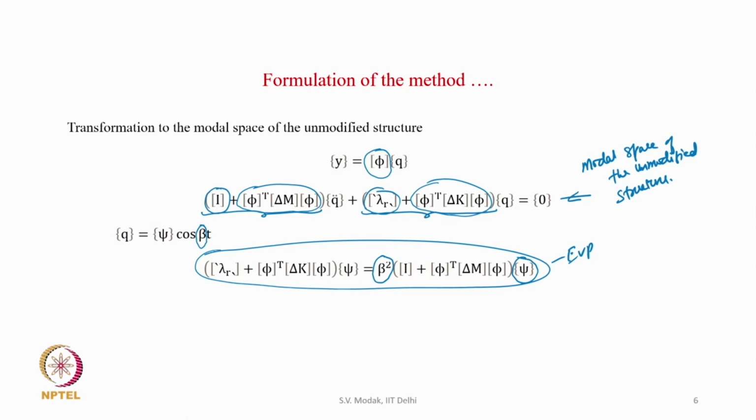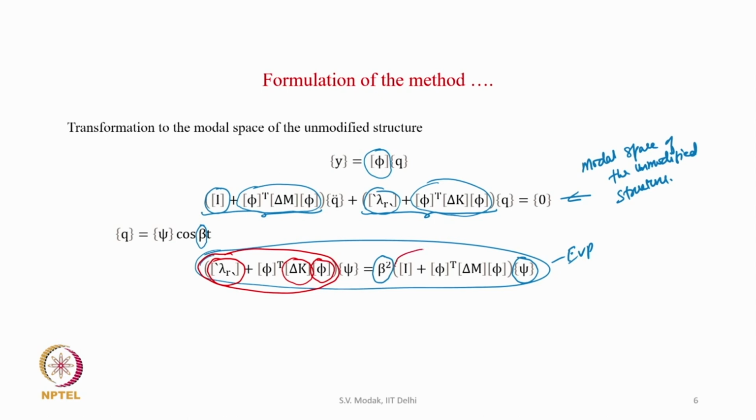Now, one thing we should see here is what the matrices that make up this eigenvalue problem are. First we have this matrix. What does it consist of? It consists of the eigenvalue matrix of the unmodified structure lambda r, the eigenvector matrix of the unmodified structure phi, and delta k, basically the stiffness description of the structural modification.